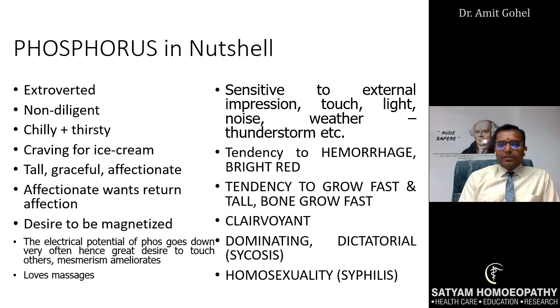The phosphorus patient grows very fast and is very tall in physicality. Mentally, they can be clairvoyant. In the psychotic phase, they become dominating, dictatorial, and finally they land in homosexuality. So this is just a nutshell about phosphorus.